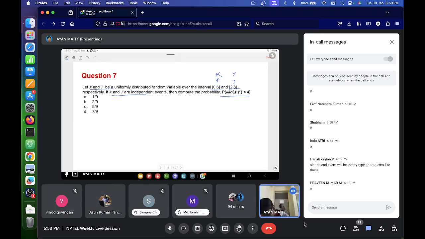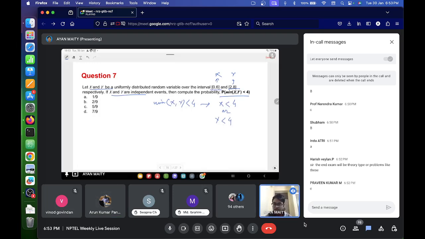So for this question, the minimum of x comma y is less than 4. This event would be true if at least one of these two variables is less than 4. So it would be true if x is less than 4 or y is less than 4.